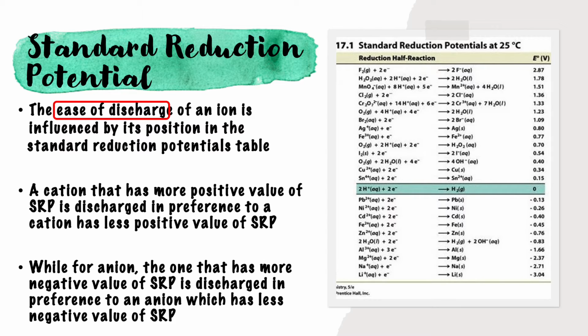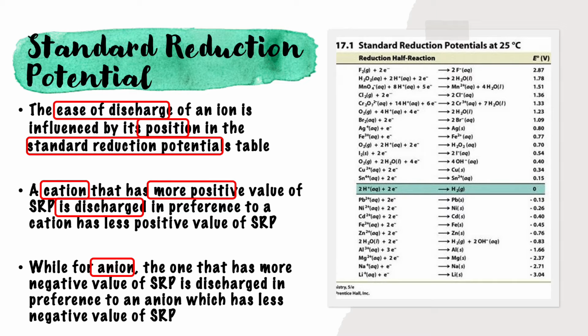The ease of discharge of an ion is influenced by its position in the standard reduction potentials table. For a cation that has a more positive value of SRP, it is more likely to be discharged in preference to a cation that has a less positive value.